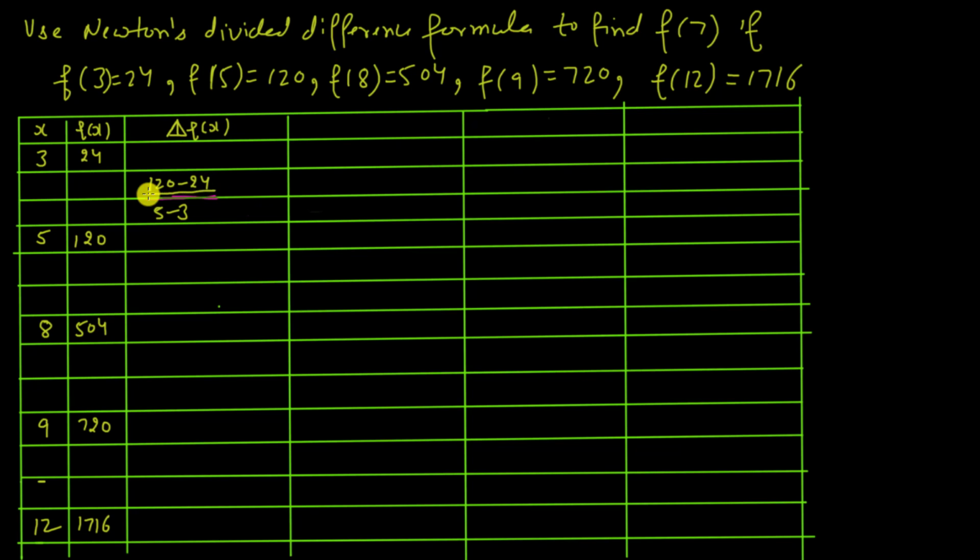So whenever you divide 120 minus 24 by 2, you will get 48.